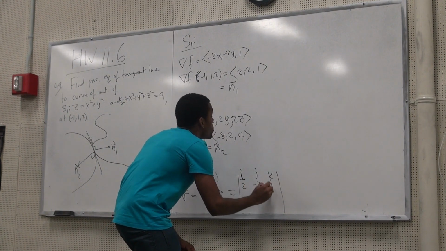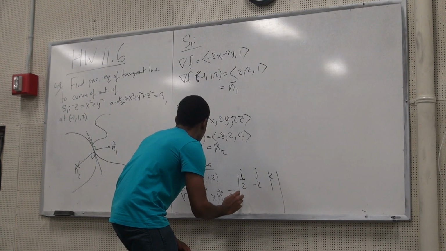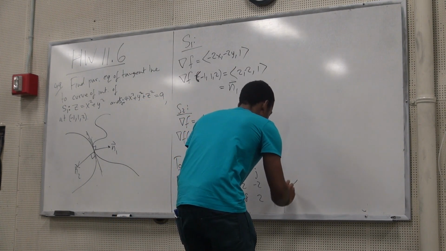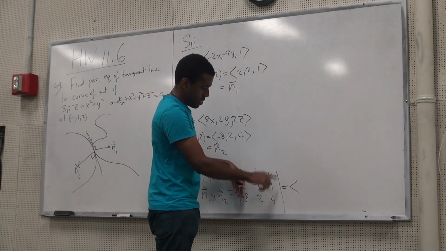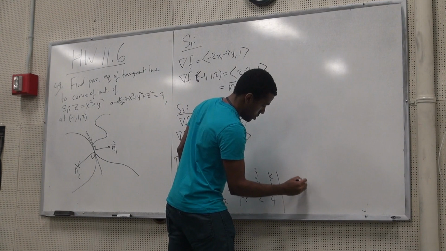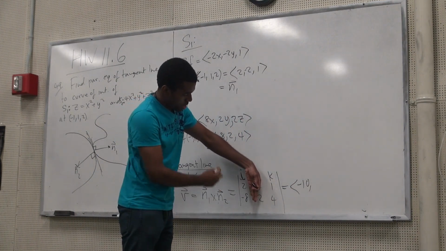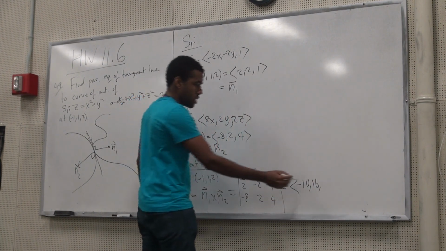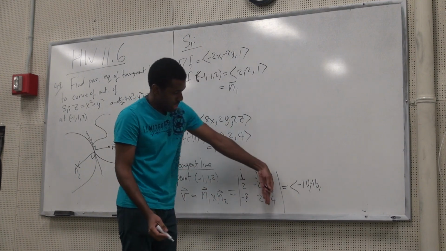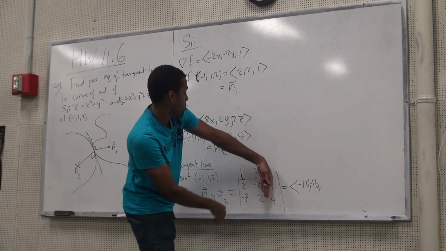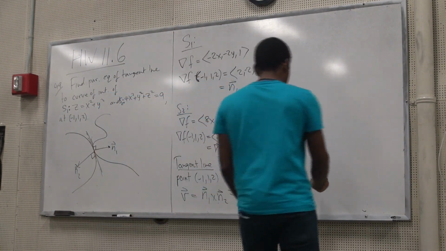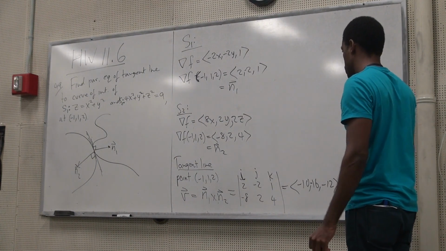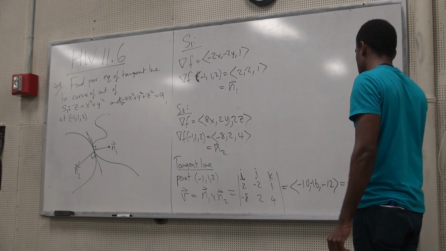n1 is 2, negative 2, 1, and n2 is negative 8, 2, 4. So the first component is negative 8 minus 2. Then the middle one is 8 plus 8, but then you take the negative of that. Then the last one is 4 minus 16. I can take anything parallel to this, so I can even scale it.